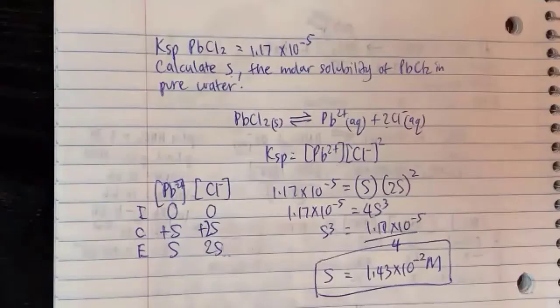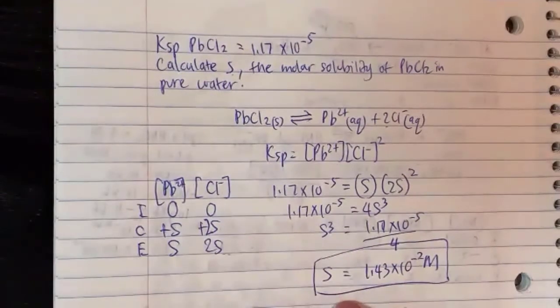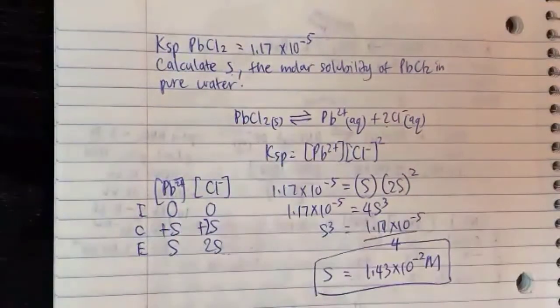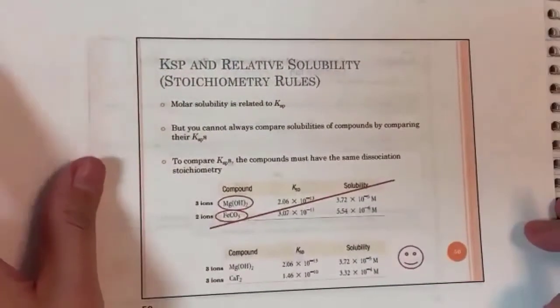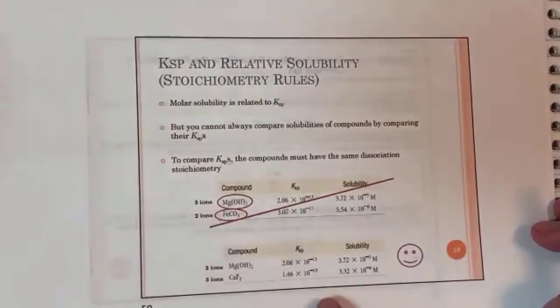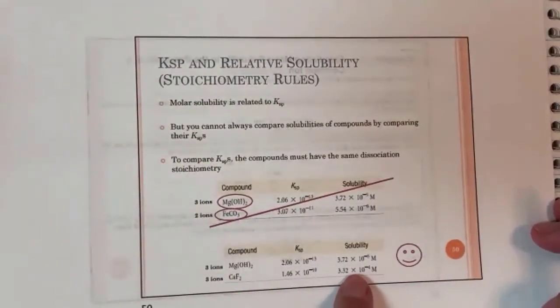We were talking about KSP last time and molar solubility. I'm talking about how you can determine who's more soluble, who's less soluble by looking at the molar solubility, okay? The S tells you how soluble it is. The bigger the S, the more soluble.